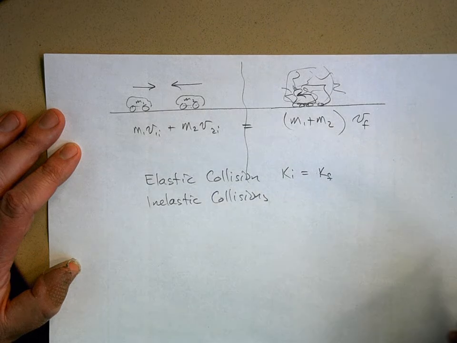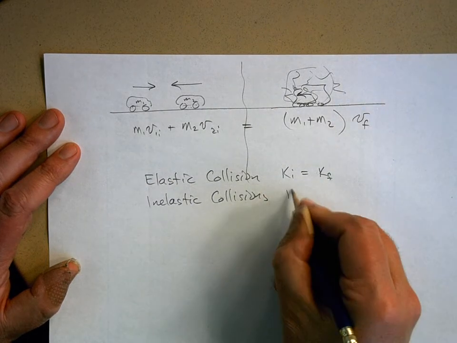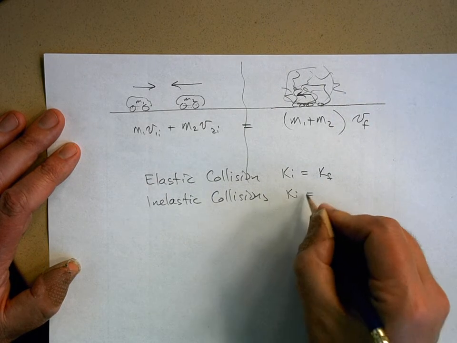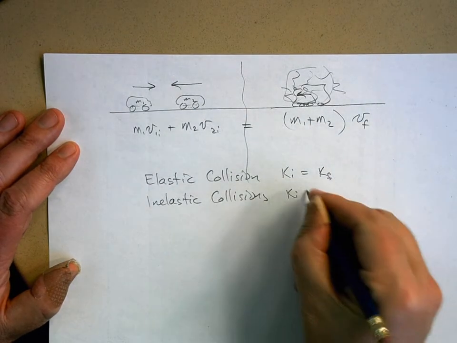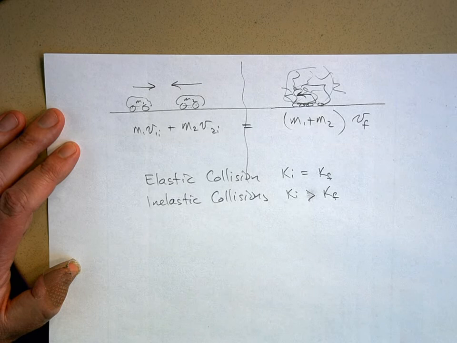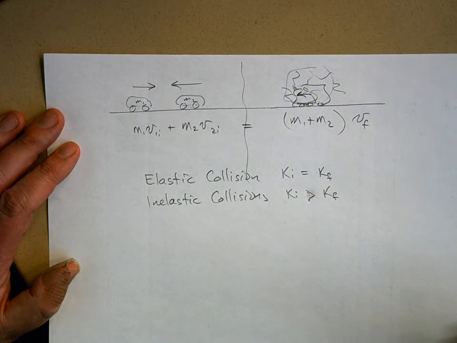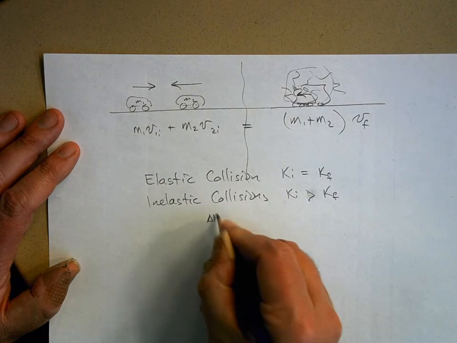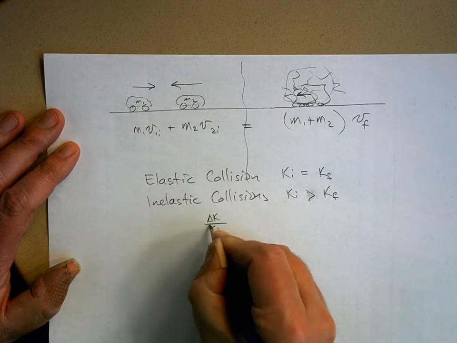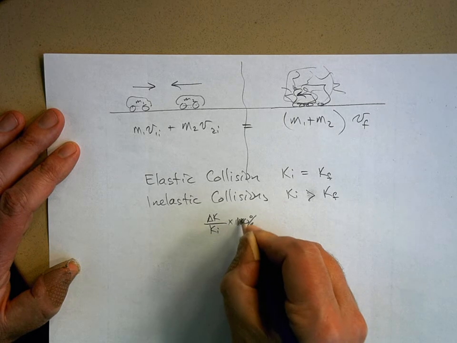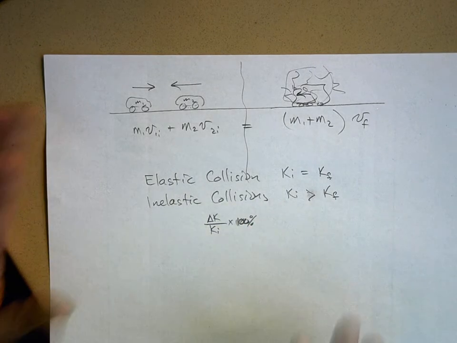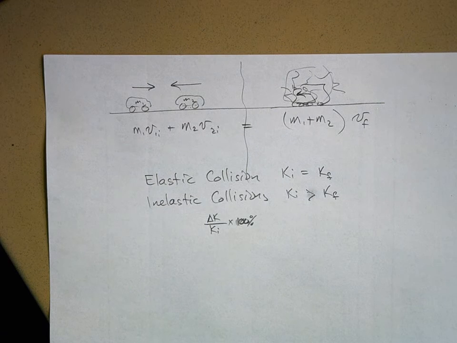And in an inelastic collision, the initial kinetic energy will be greater than your final kinetic energy. So you're going to have a loss. I might ask you, what percentage of the kinetic energy was lost? If I do that, then you can say, well, the change in kinetic energy over the initial kinetic energy times 100%. That'll give you the percentage of the kinetic energy that was lost.